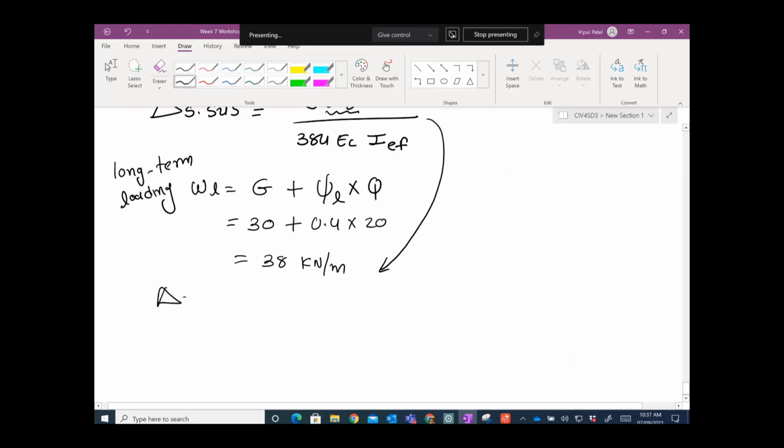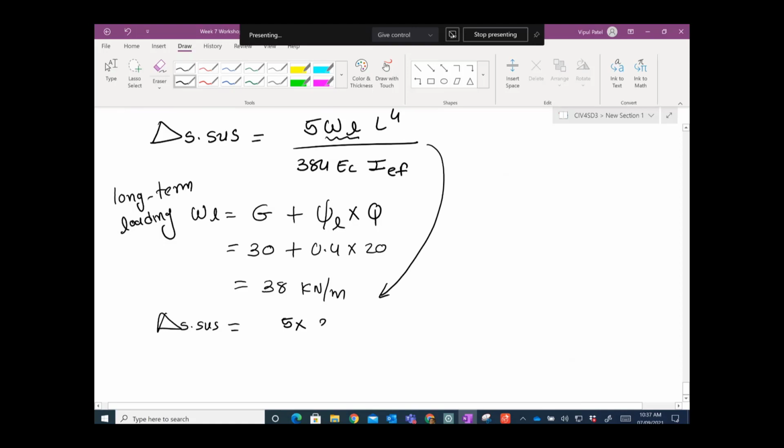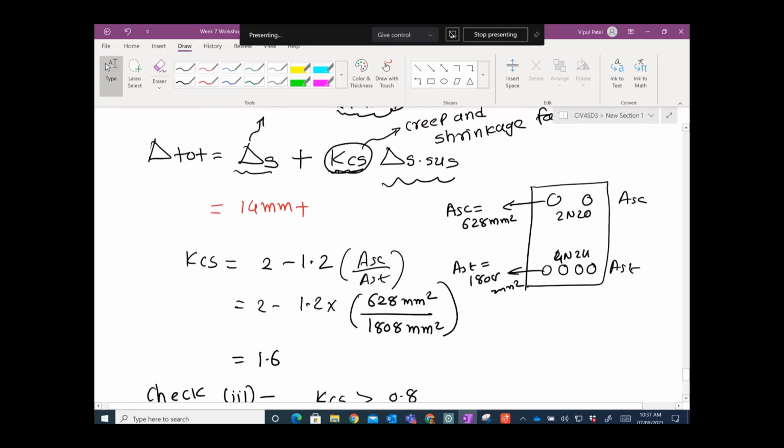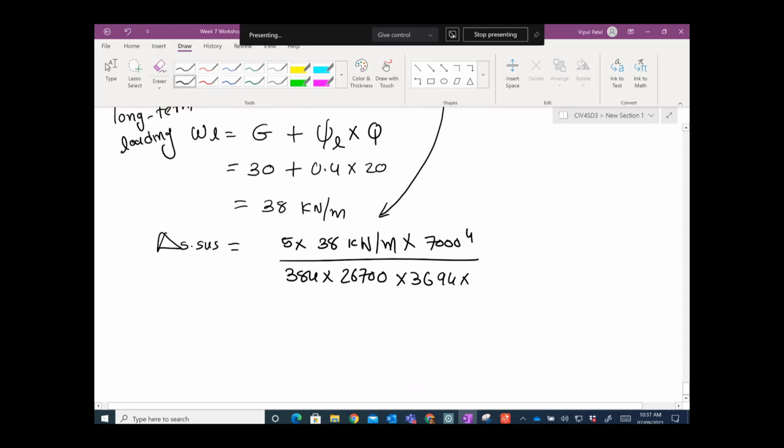Delta sustain equals 5 times the long-term load 38 kilonewton per meter times L, which is 7,000 to the power 4, over 384 times 26,700 times I effective 3694 times 10 raised to 6 millimeter to the power 4. In that case you get delta sustain is 12 millimeters.